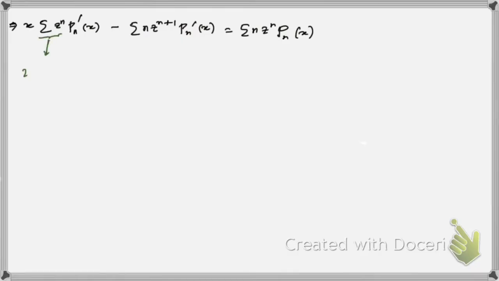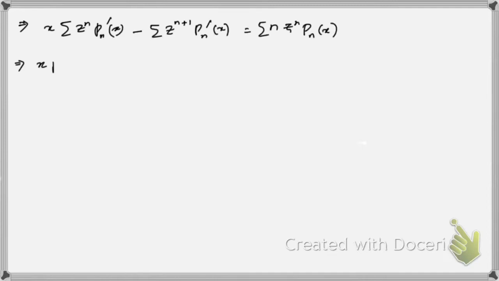Now here you see, if you expand the summation, z to the power n, then what you will get: z to the power n plus z to the power n minus 1. So let me rewrite the relation again, so this is the relation we have got, right?